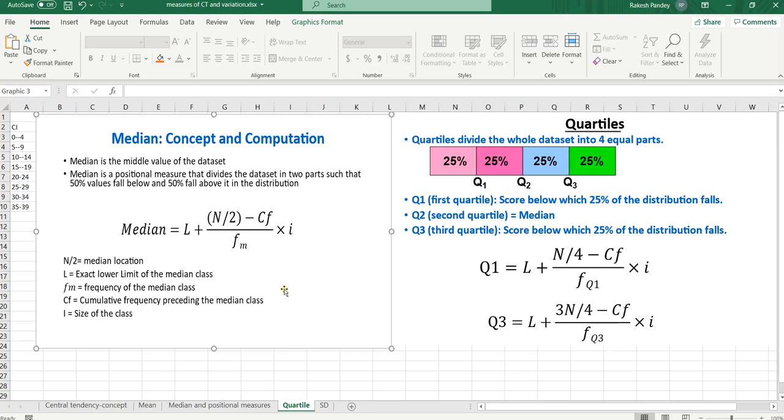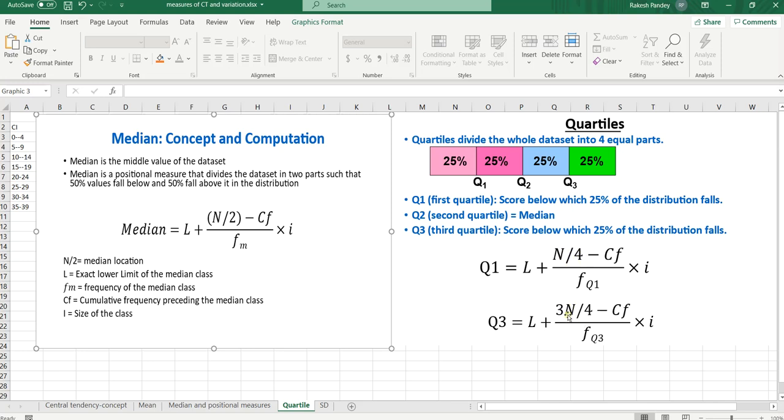So if you remember this formula, we have to replace n by 2 by n by 4 in case of the first quartile and by 3n by 4 in case of the third quartile. We can also use n into 0.25 because 1 by 4 is 0.25 and 3 by 4 is 0.75.